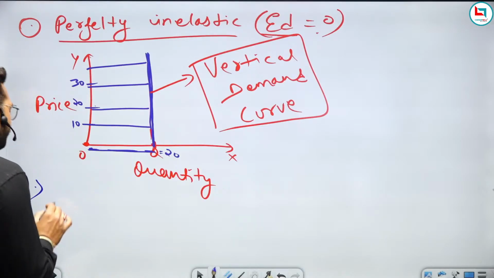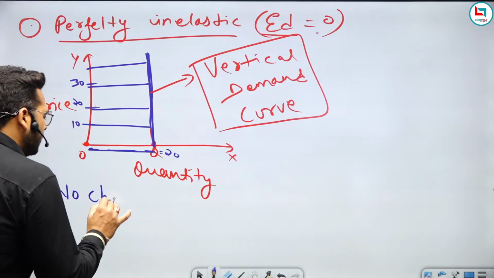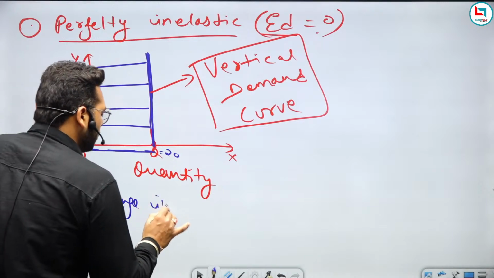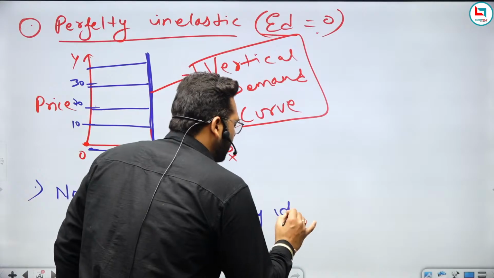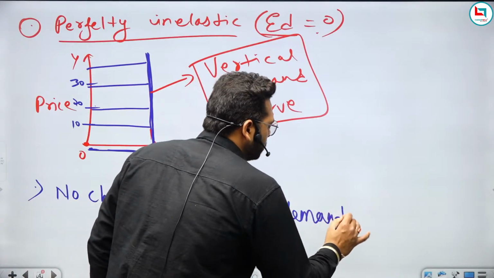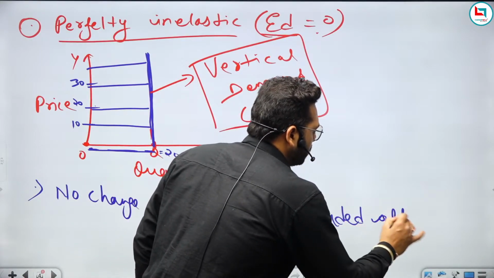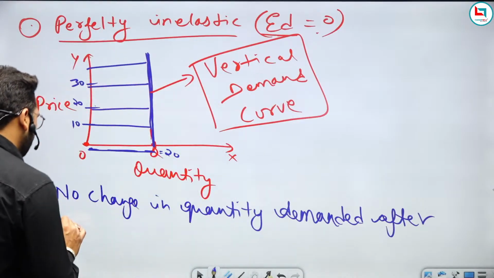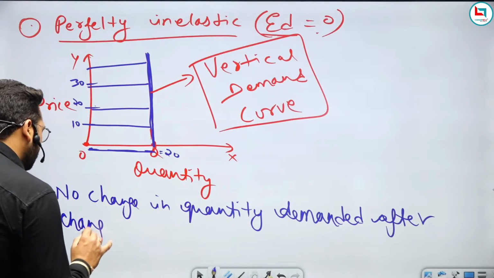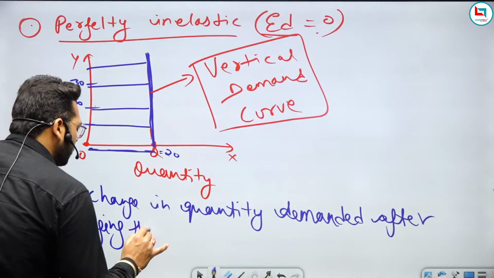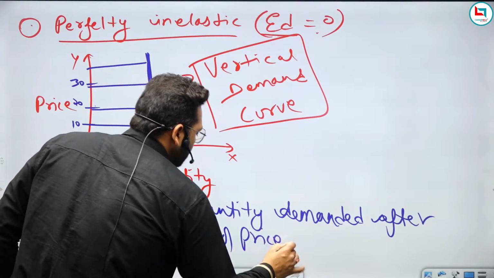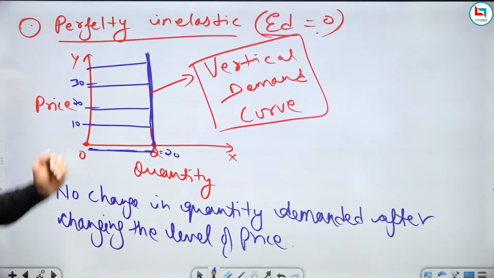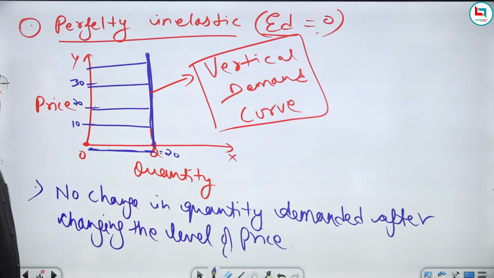So, no change in the quantity demanded after a change in the level of price. This is what? Perfectly inelastic. Just note it down fast.